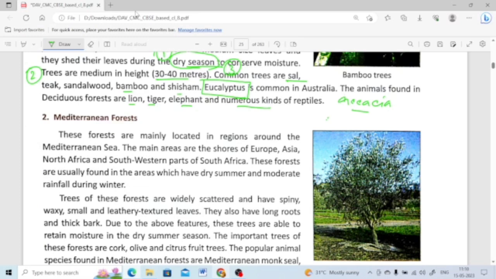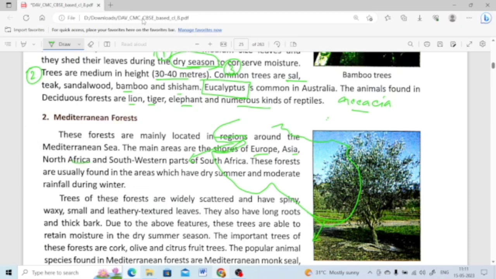Okay, Mediterranean region is the location, if you ask for, that is mostly in the areas of South Africa, and the coastal areas of the Mediterranean Sea, both Africa and Europe.